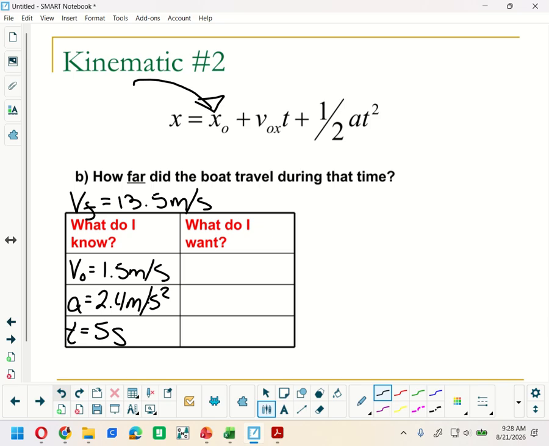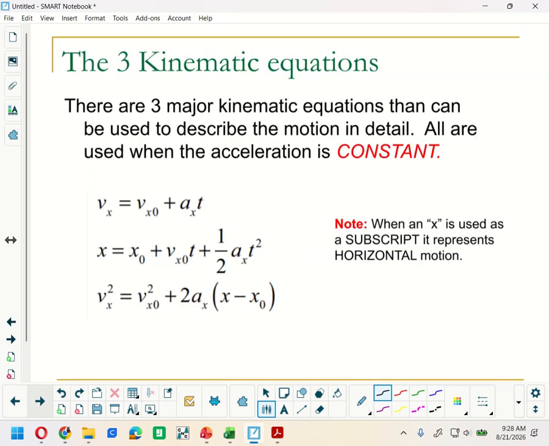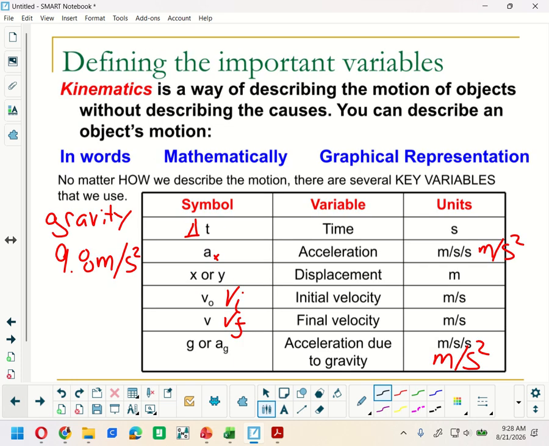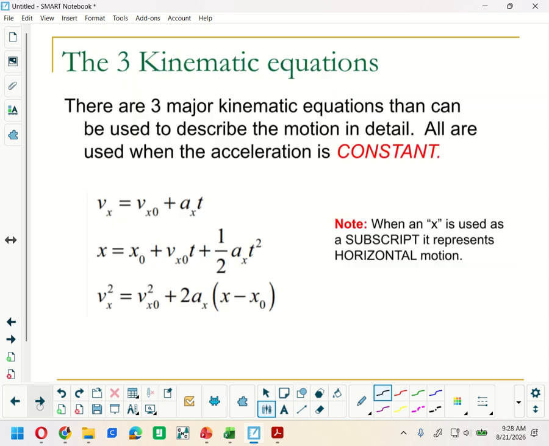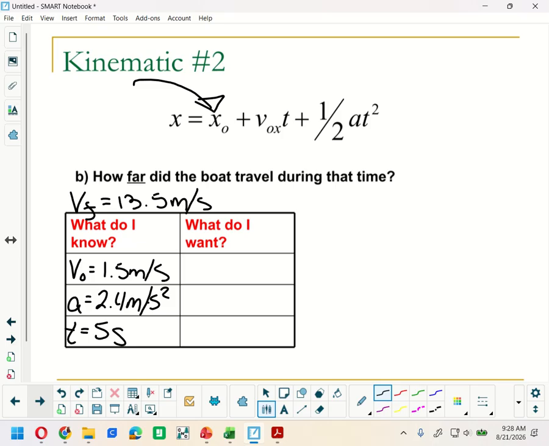It's on the first page, but I did sub-zero for velocity. What does that little sub-zero mean? Initial. Thank you. That's what I needed. So right here, initial. That little zero at the beginning means it's initial. So since it is the x sub-zero, that should be my initial position, right?